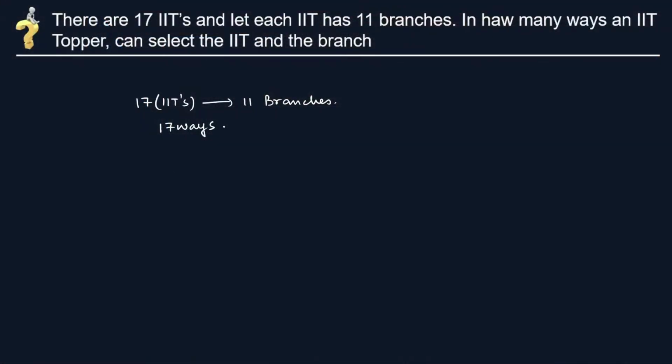So I have the option of choosing any one of these 11 branches in 11 ways. So the topper selects the IIT and the branch, and is coming in between. Total number of ways will be 17 into 11, that is 187 ways. Is it clear to all?